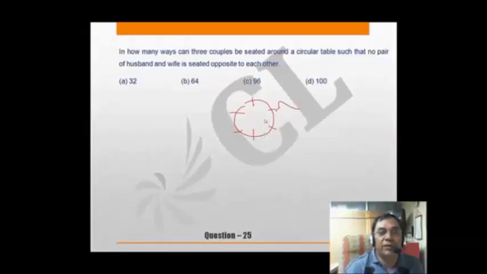The total ways are obviously 5 factorial is equal to 120. So supposing if I take one pair seated opposite each other, husband wife, okay, these 3 factorial into 6.